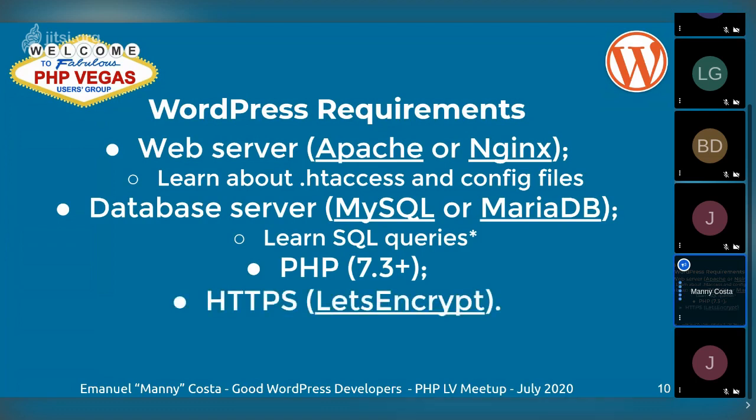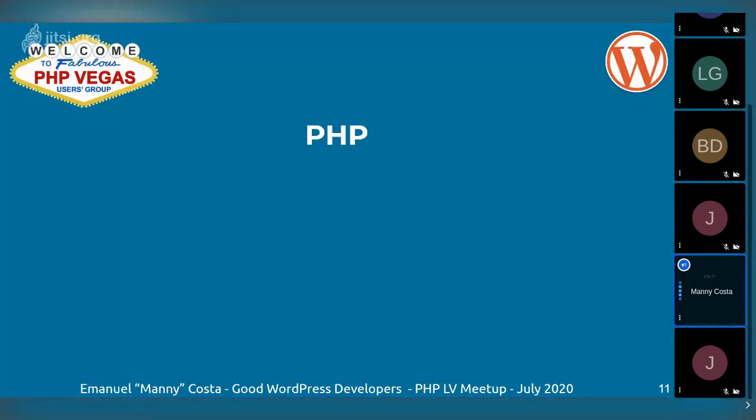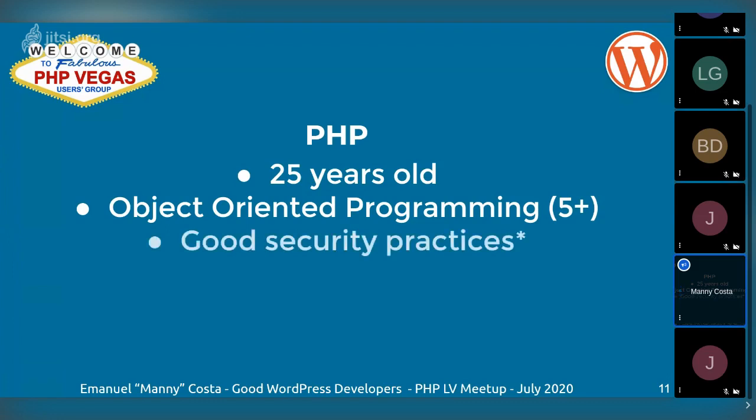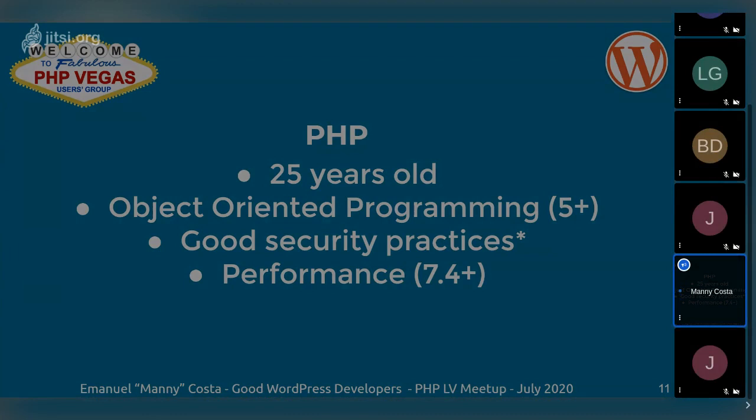And I highly recommend running your websites on HTTPS using Let's Encrypt. So now PHP, as we know, is 25 years old. It's been object-oriented since version 5, so there are a bunch of good security practices. And performance on 7.4 is amazing. I love it. Big difference.